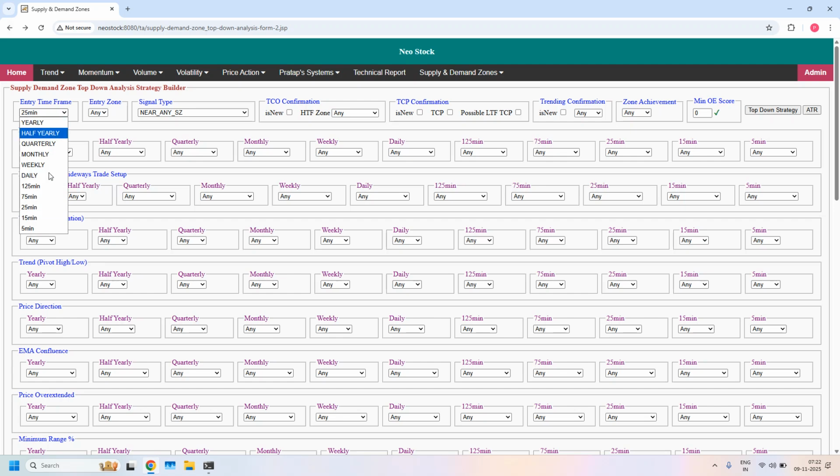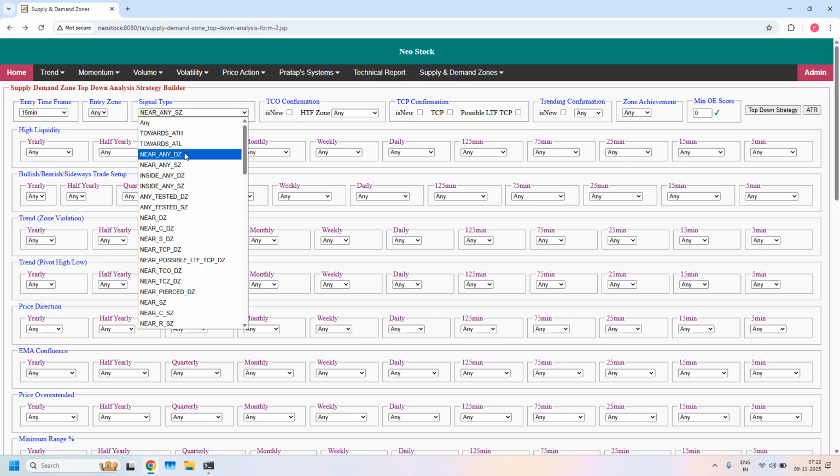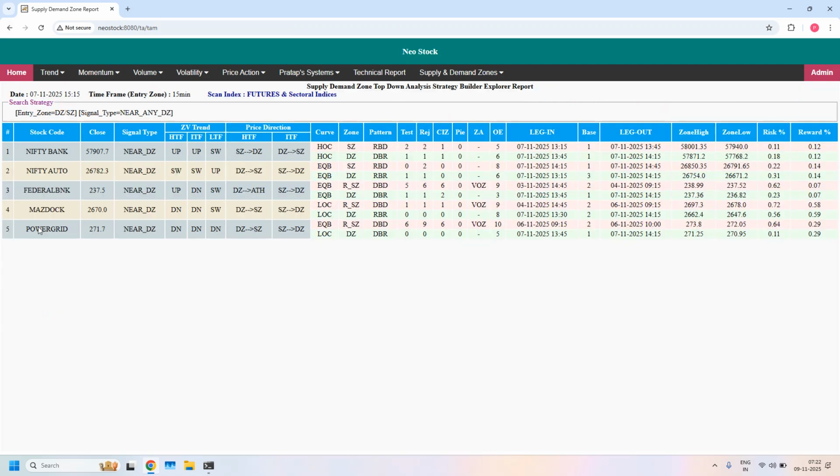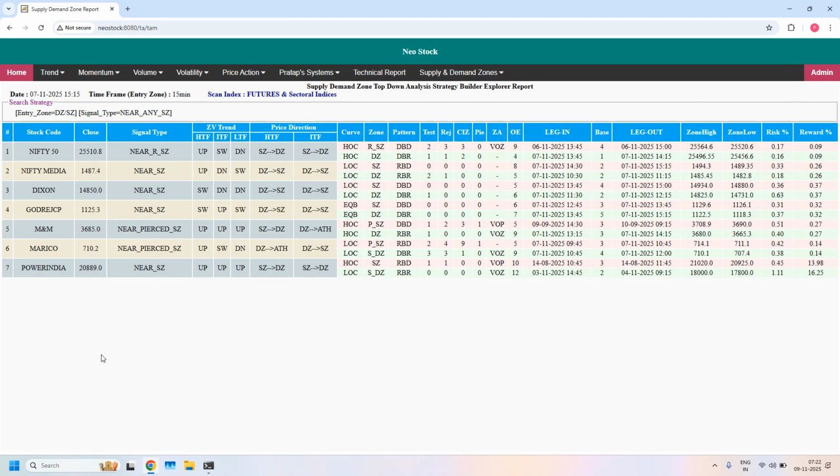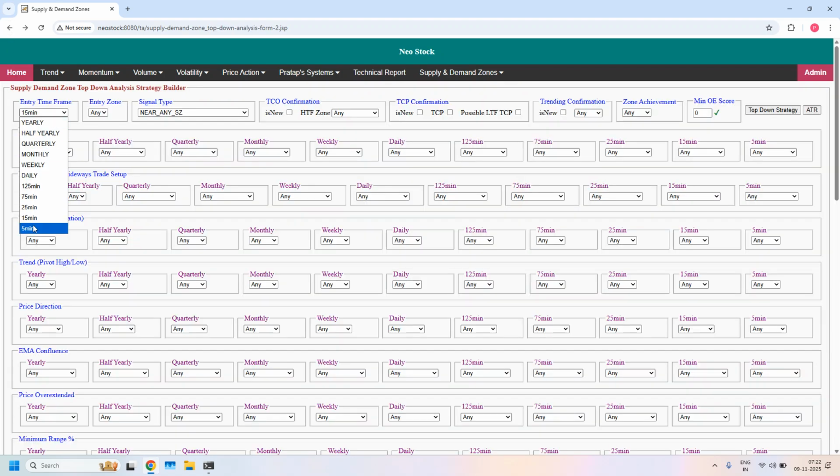Next time frame is 15 minutes. Stocks near to the 15 minutes demand zone. We got 5 stocks. Next stocks near to the 15 minute supply zone. We got 7 stocks. Next time frame is 5 minutes.